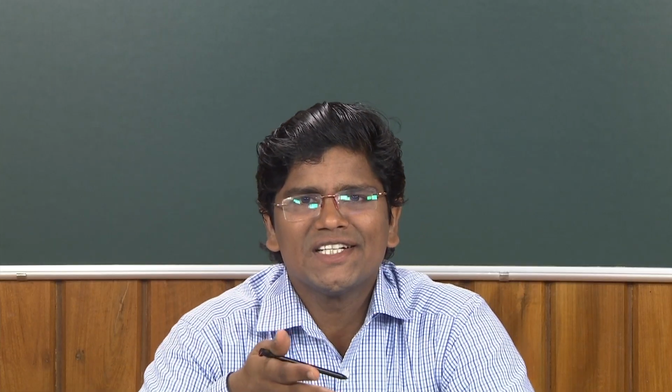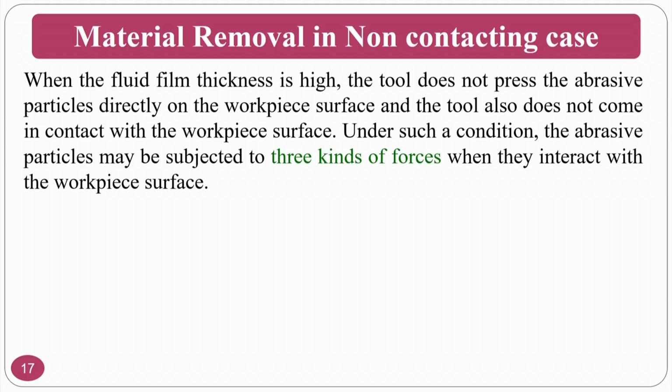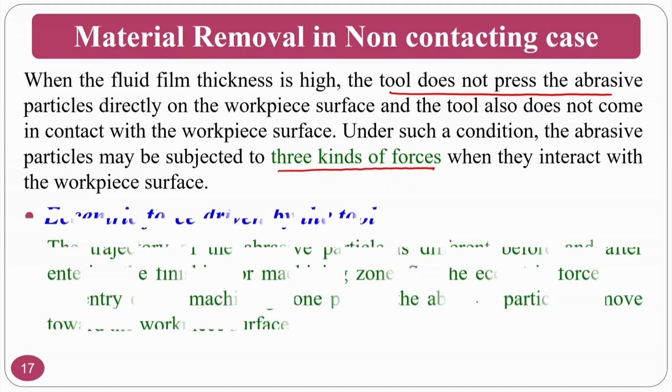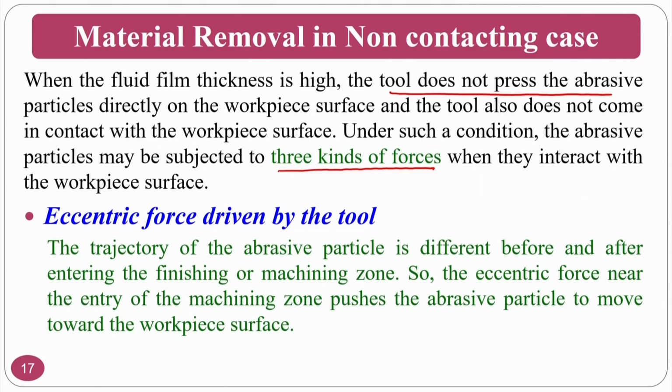So, how does material removal take place in the hydrodynamic lubrication region, the non-contact region? When the fluid film thickness is high, the tool does not press the abrasive particles directly on the workpiece surface, and the tool also does not come in contact with the workpiece surface. Under such conditions, the abrasive particles may be subjected to three kinds of forces. As I said in the previous slide, you have a gap of microns between your tool and your workpiece.